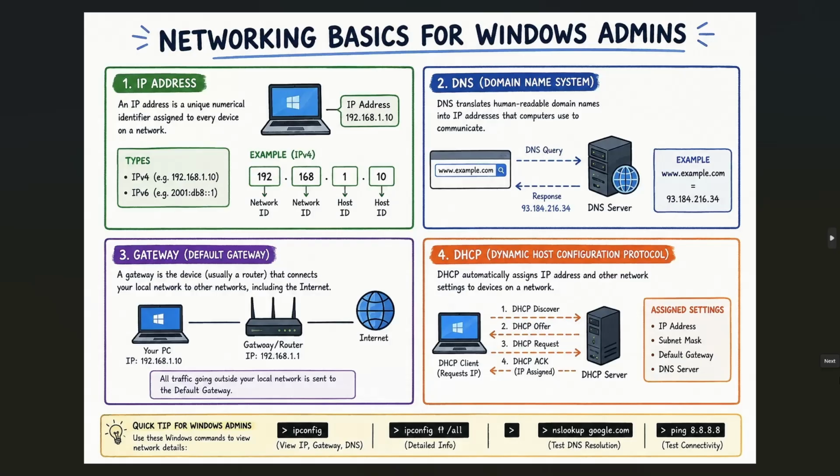The computers use IP addresses to communicate, but it is very difficult for any human to always remember the IP addresses, right? Let's say, for example, the IP address of Google is 8.8.8.8. Everybody doesn't know that, and they might not remember it as well, right? Okay, we have to type 8.8.8.8.